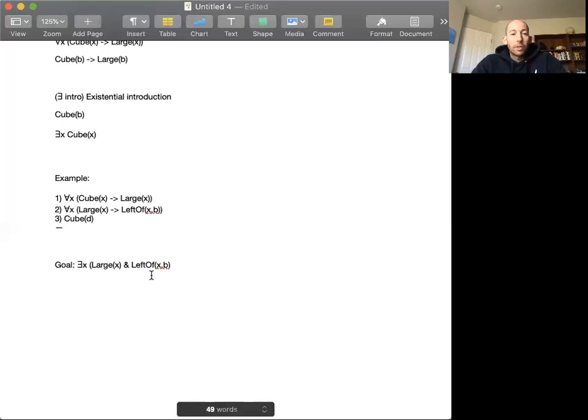In the first case, what we're going to do is take the first premise, for all x, if x is a cube, then x is large, and we're going to replace the instances of x with D. So it'll be cube D, then large D. My justification for this is universal elimination, and that will be citing line 1. So in Fitch, you're going to see introduction and elimination rules for the two quantifiers, and that's what you would use.